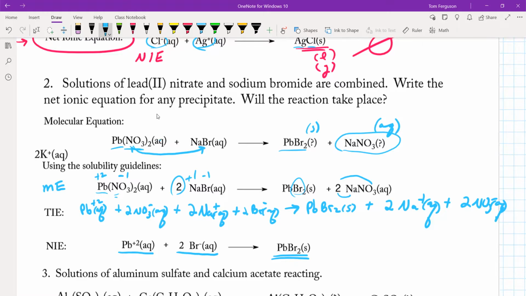Yes, those are called spectator ions. That would be the sodium and the nitrate. They stayed in solution.